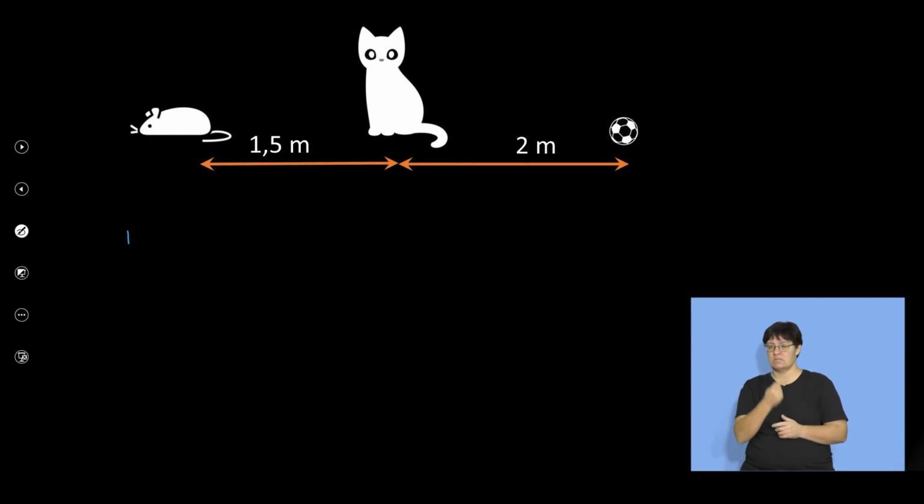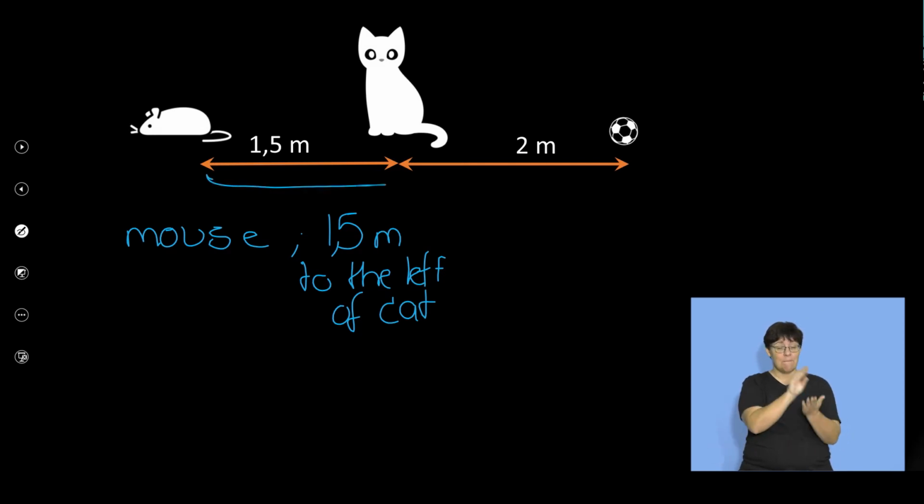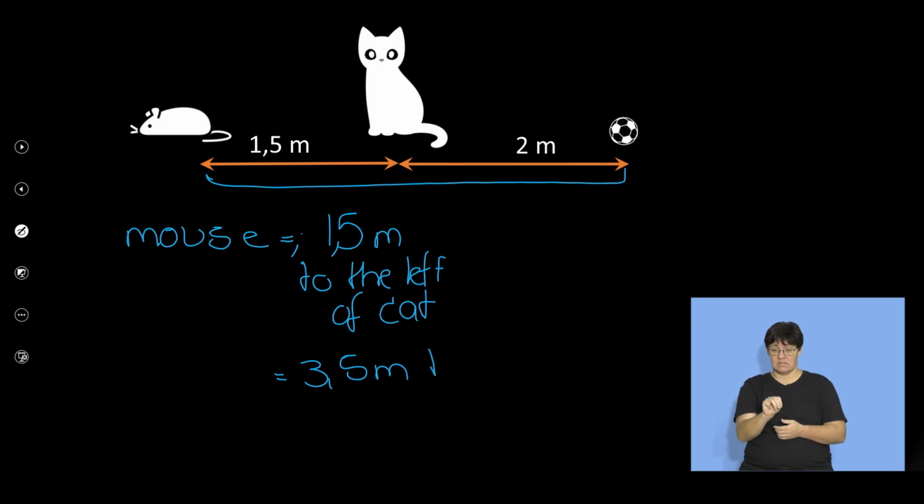So I would say the mouse is 1.5 meters to the left of the cat, okay? But if I go, what is the mouse relative to the ball? The mouse is now 3.5 meters to the left of the ball.